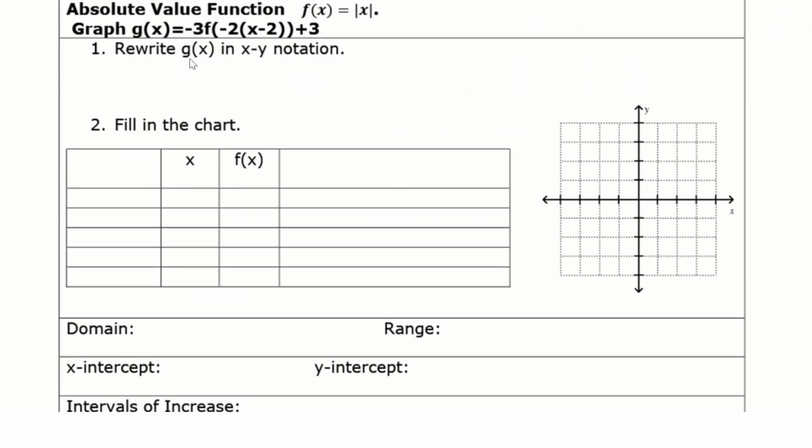So we are going to rewrite g at x in xy notation. So this function, input negative 2 x minus 2, we are going to put it in the input. So we are going to have g at x, we write it as y, they are interchangeable. So we have negative 3, then function notation part, we put the input in x. So negative 3 times the absolute value of negative 2 bracket, x minus 2 bracket. This is function f at input, then plus 3.